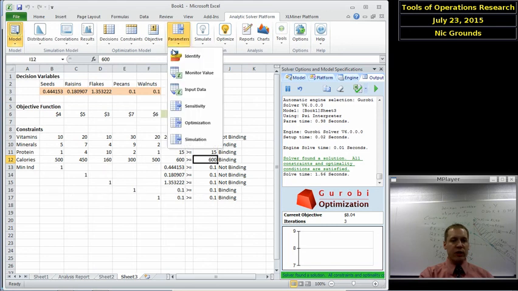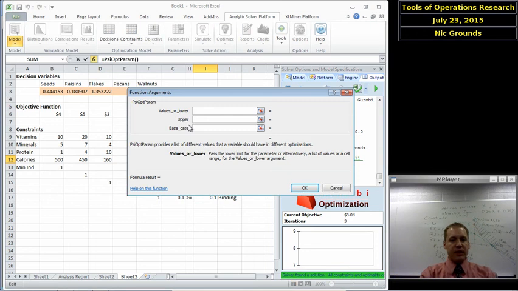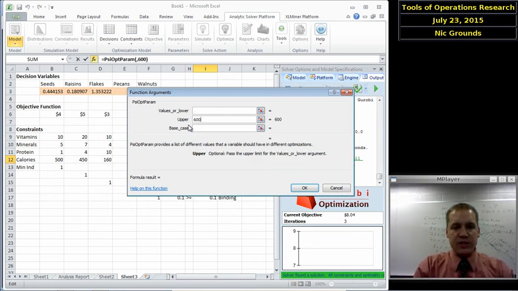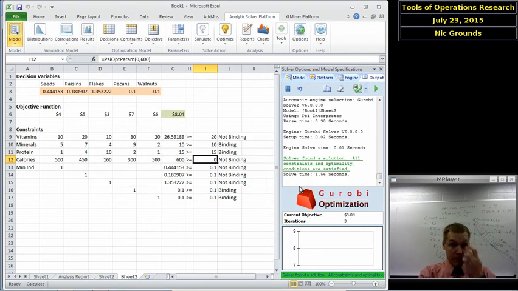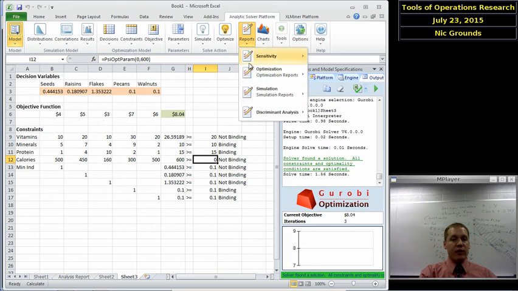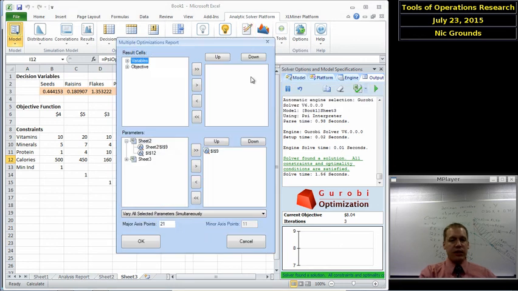So 600 calories, we're going to make that an optimization parameter and say, let's change that, find a new optimum, and describe it. Okay. So we'll make the upper value 600, like it used to be. And I don't know, let's go all the way to 0. Why not? Okay. So between 0 and 600, we're going to create now a new optimization sensitivity report, parameter analysis. You can't see it on the screen up there.